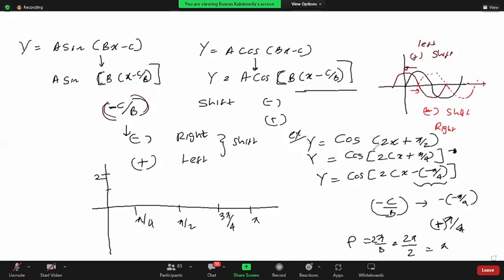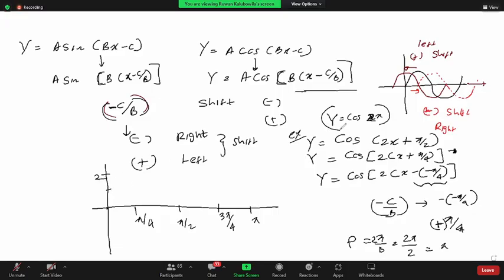First, I will draw y equals cos 2x. After that, I will think about the shift. That is the easiest way. y equals cos 2x. At 0, this will give us, oh sorry, the amplitude is 1, not 2.